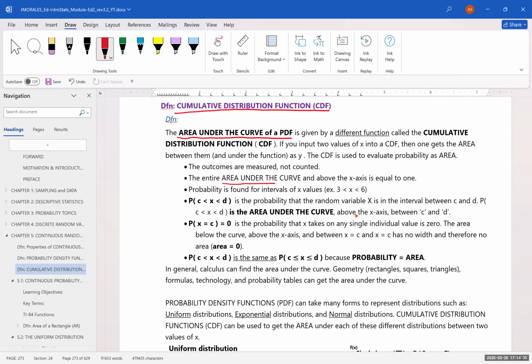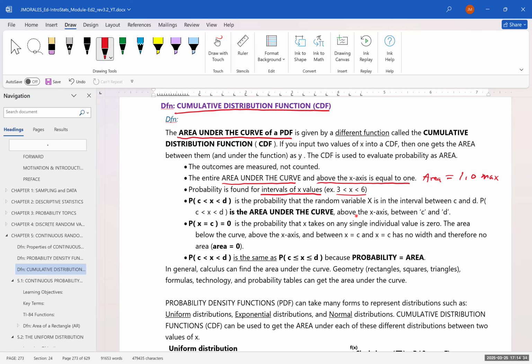The area under the curve that we're talking about is going to be the area under the curve and above the x-axis. And the area under the curve will always equal 1 maximum. The probability is usually found in intervals of x, so x being between 3 and 6, for example.